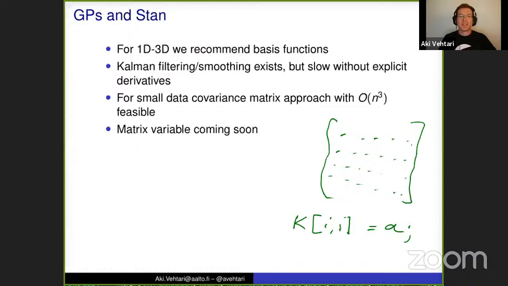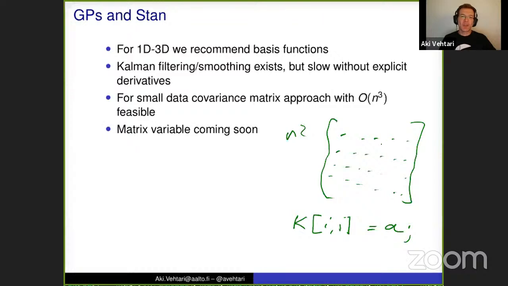But then it also means that we quickly have this n-squared memory cost in the autodiff tree and in building the tree.